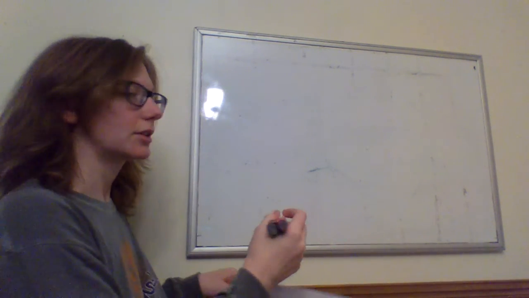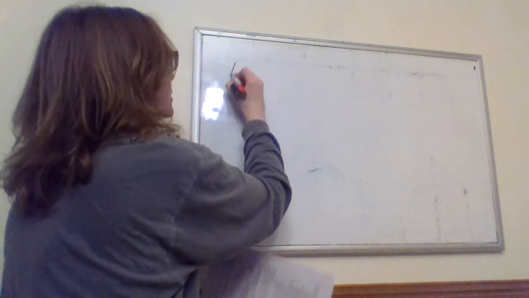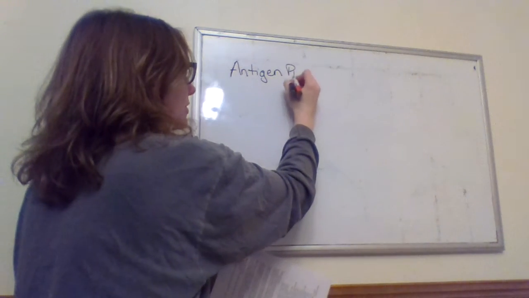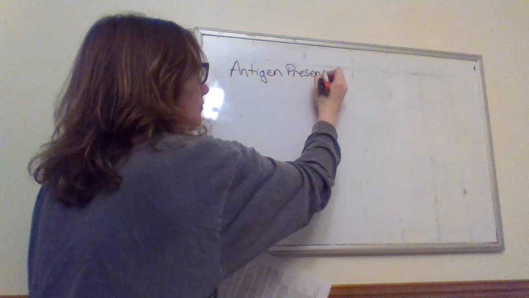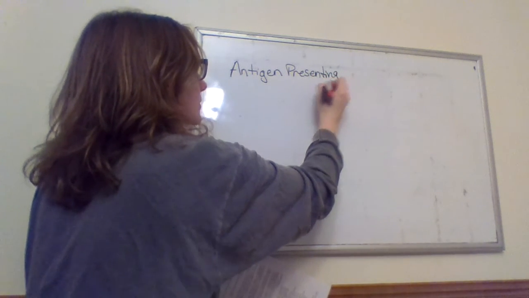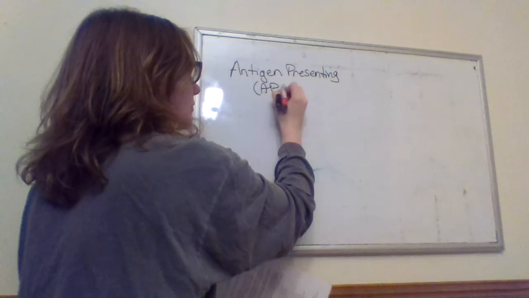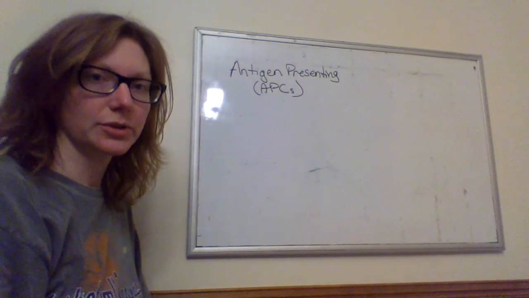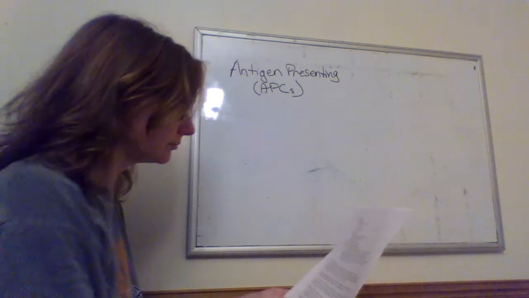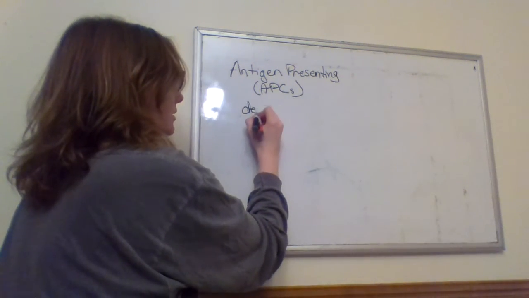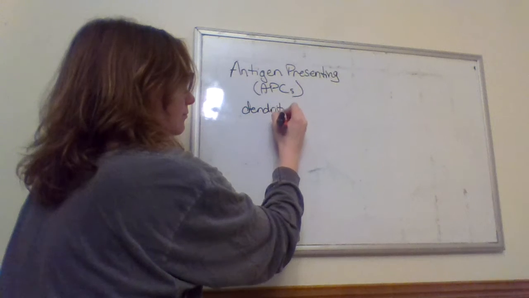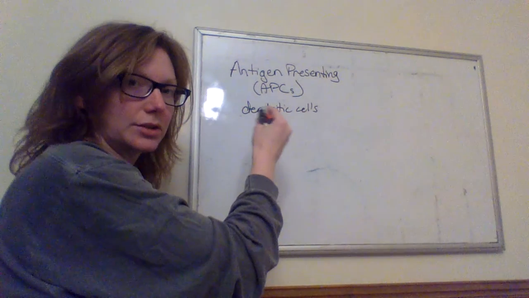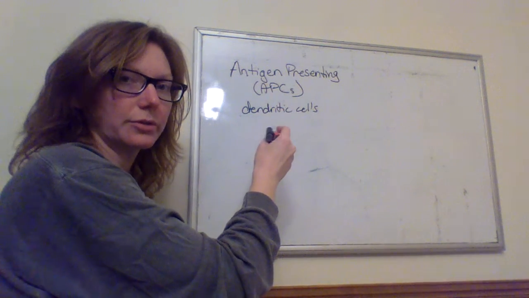And so there's an entire class of cells called antigen presenting cells, or APCs for short. So these antigen presenting cells, they're going to be dendritic cells, which have nothing to do with neuro stuff.